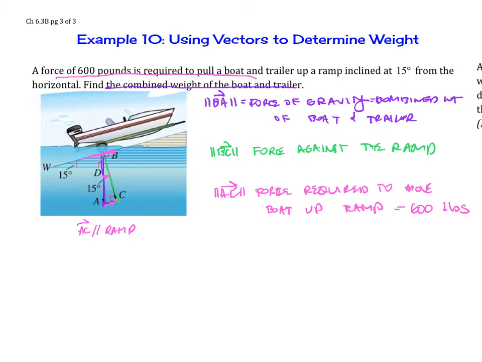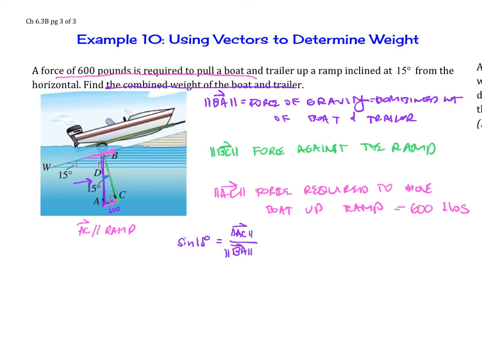So what can we write? Well, this is 15 degrees. We want to know BA, this purple here. What is this? We can use opposite, which we know is 600, over the hypotenuse. So we can use sine of 15 degrees equals AC over BA.